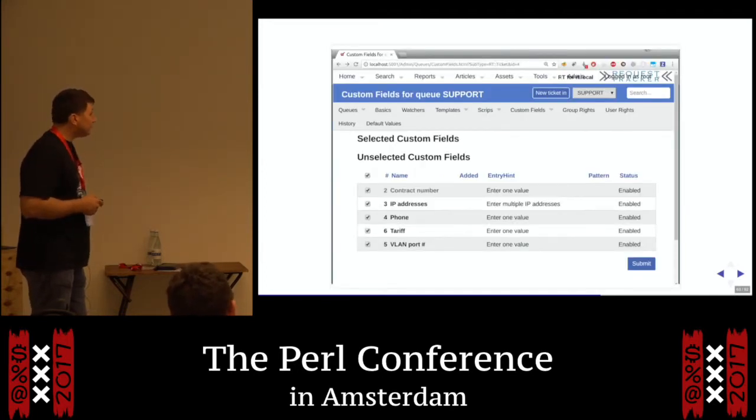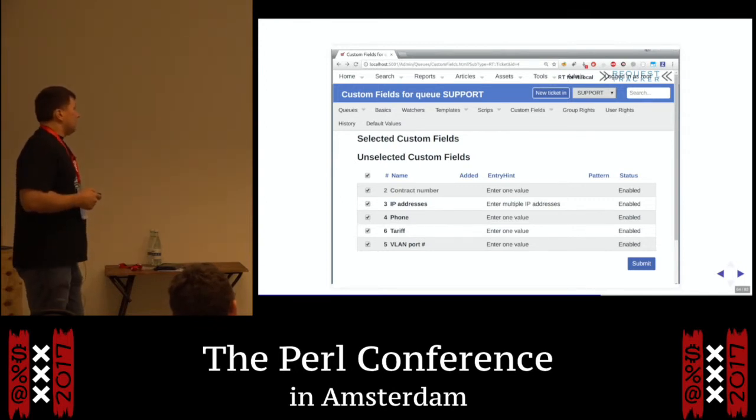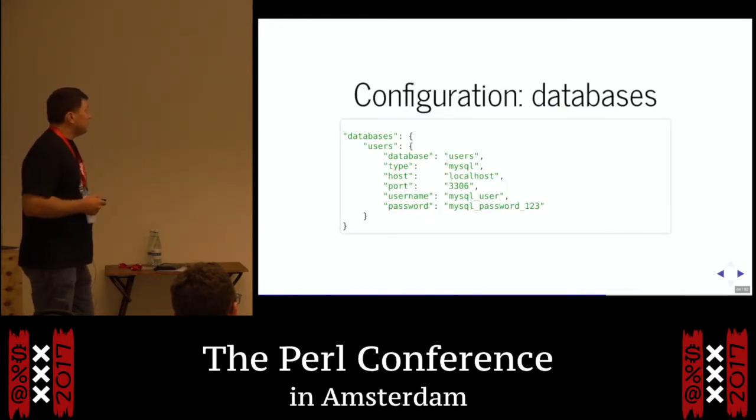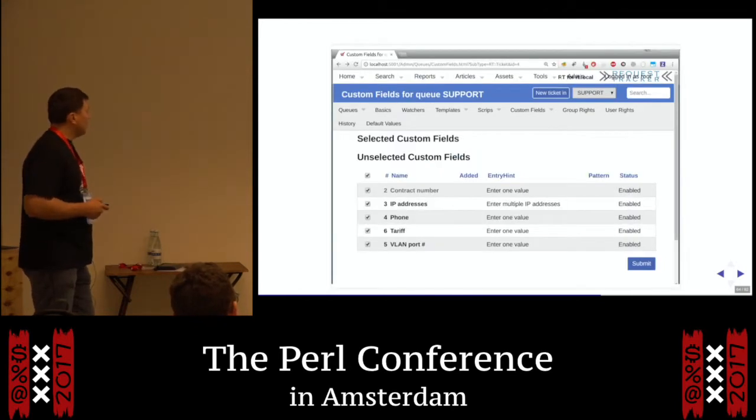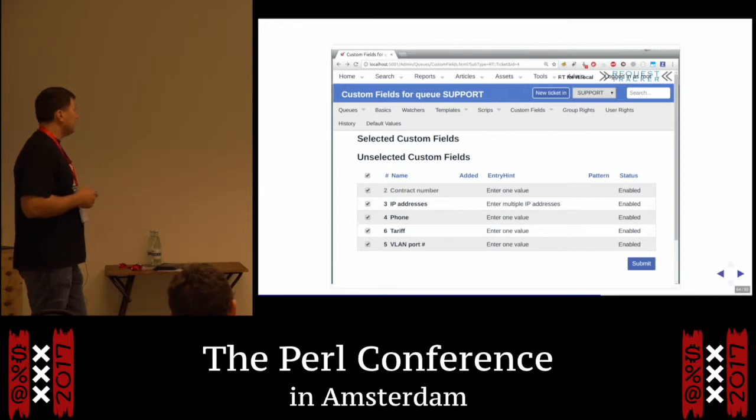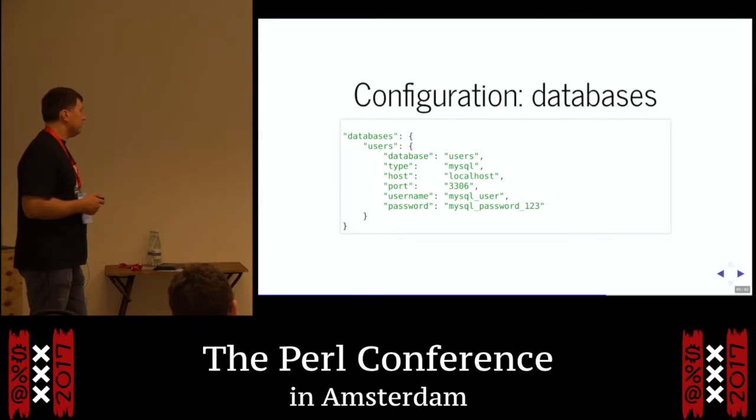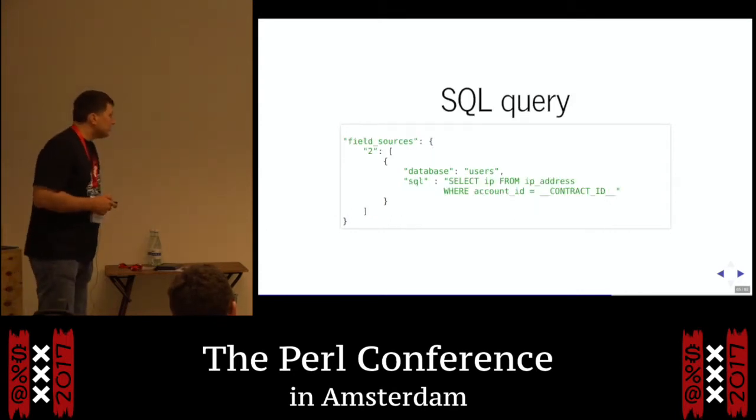So here's a screenshot. You can easily find IDs of custom fields and their names, so we can add them to the configuration. In a similar way, we store database data in JSON. For example, for the users database, we specify all of the parameters suitable to pass to DBI, and the actual SQL query.